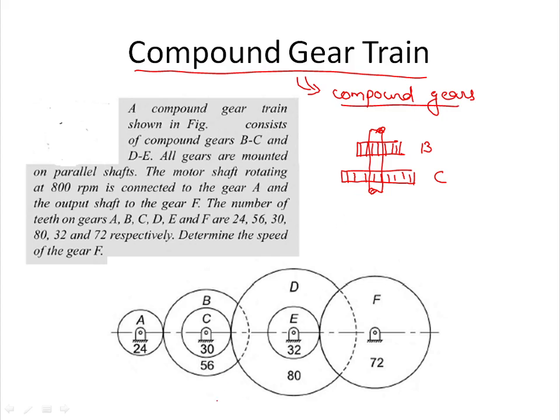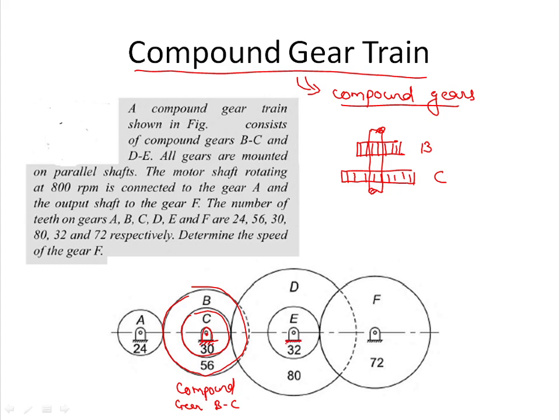So if you look at this figure, this is a shaft on which gear C is there and gear B is there. That means this gear is known as a compound gear BC.